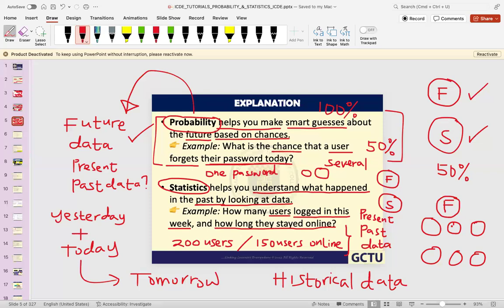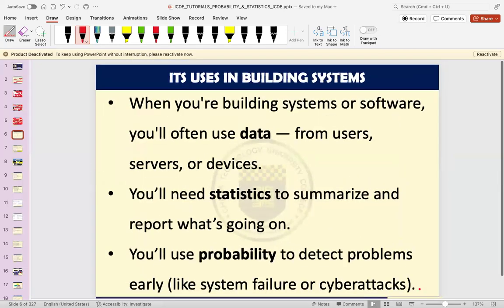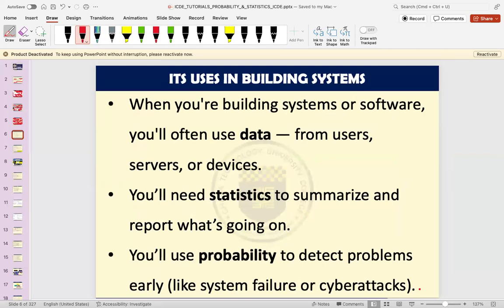And how do I predict? I need to know the past data that a coin can only show one side at the same time. That is how we handle probability and statistics at the same time. We use the past, the present, and the future to summarize data.